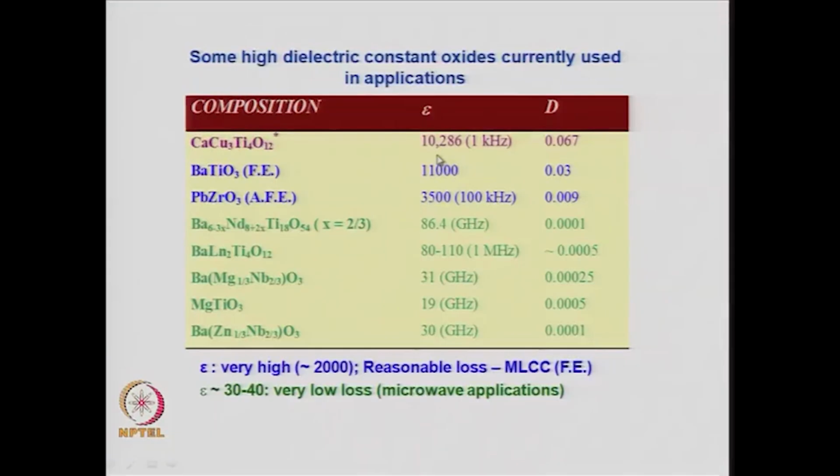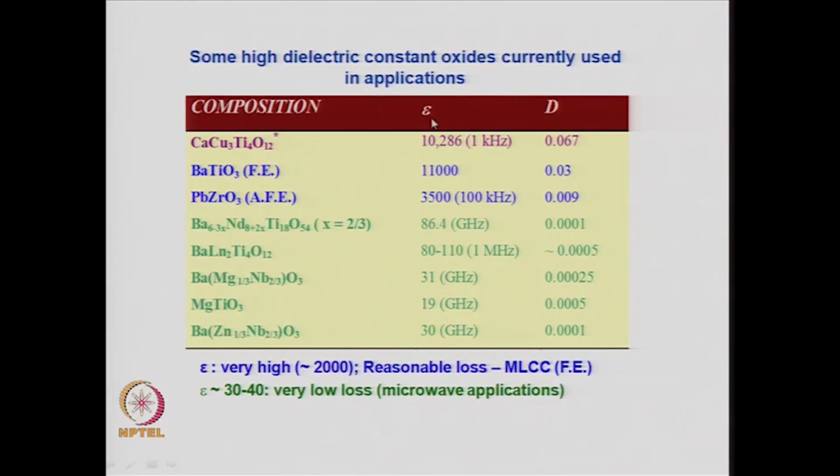But there can be materials which have very high dielectric constant, especially ferroelectric materials, and some of these materials are listed here, where you can have a material like calcium copper titanium oxide, where the dielectric constant epsilon is around 10,000, and this is of course at a particular frequency. When you mention the dielectric constant, it is important to know the frequency.